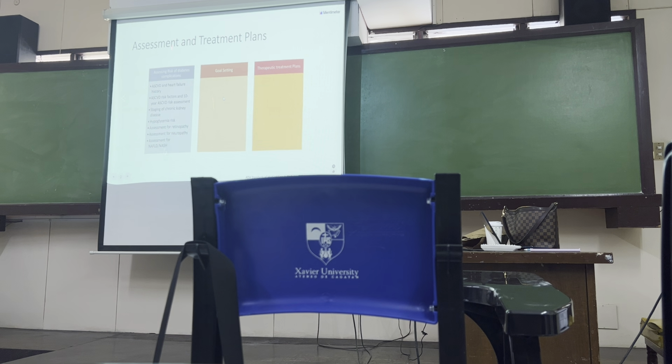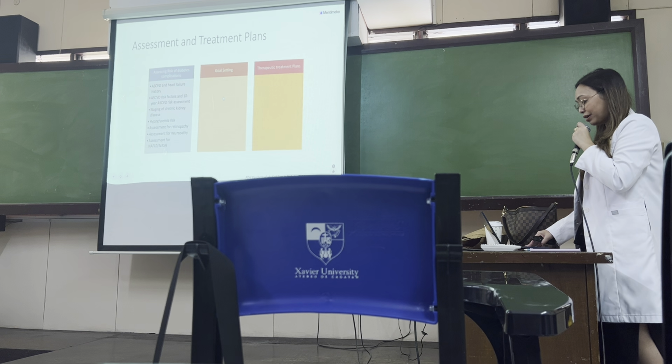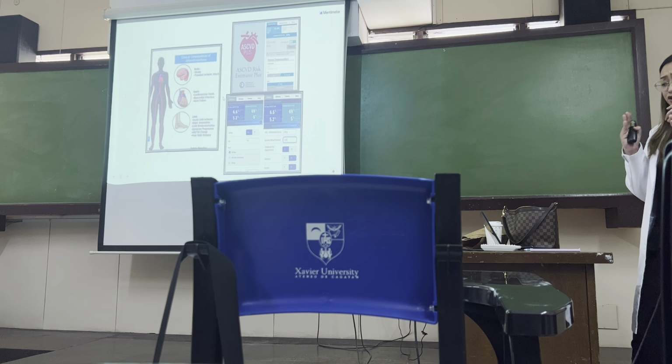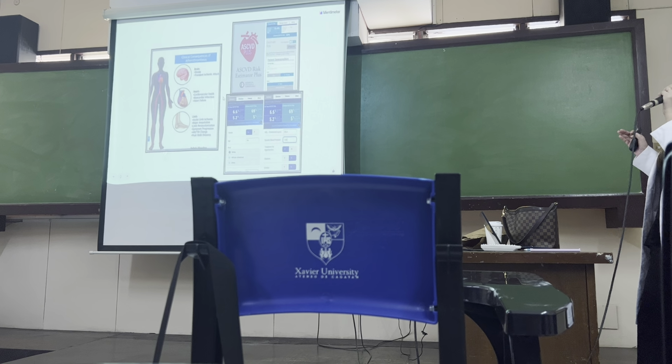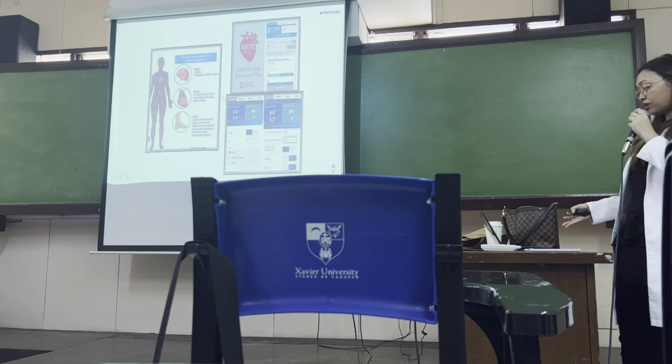Okay. This will again be discussed in detail during the next lecture as we discuss the different complications of diabetes. But I'd just like to highlight, there's an app that computes for your ASCVD risk that you can just input and determine the risk of your patient.